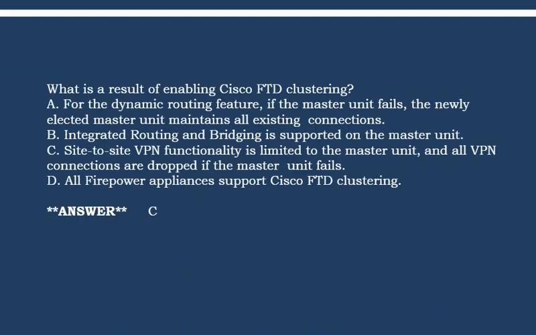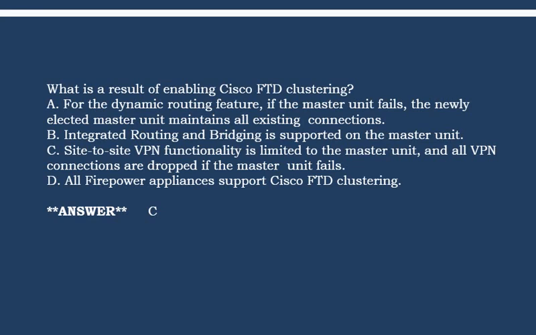Next question is, what is the result of enabling Cisco FTD clustering? Option A, for the dynamic routing feature, if the master unit fails, the newly elected master unit maintains all existing connections. Option B, integrated routing and bridging is supported on the master unit.